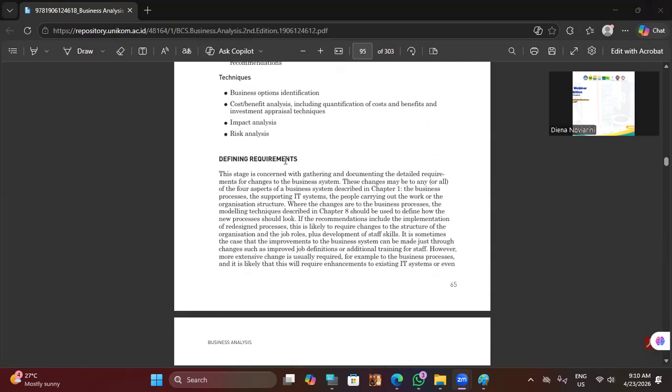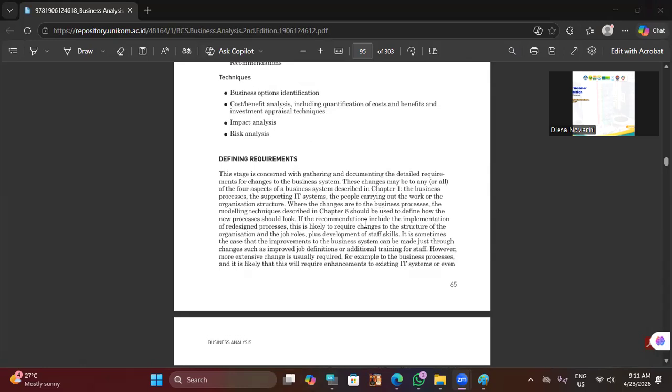Okay, how are we defining requirements? The stage is concerned with gathering and documenting the detailed requirements for changes to the business system, that is, the IT system, the people carrying out the work, and the organization structure, which are subject to change. These may be any of the four aspects of a business system described in the first chapter: the business process, the supporting IT systems, the people carrying out the work, and the organization structure.